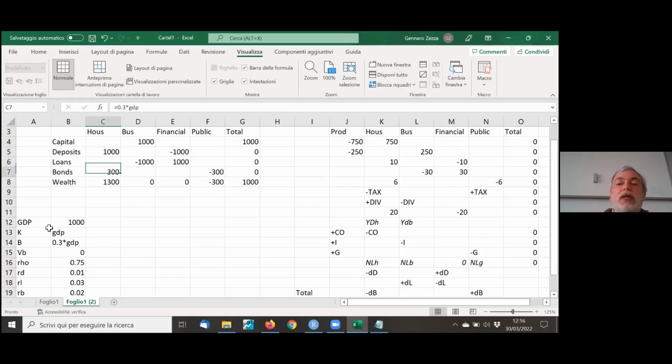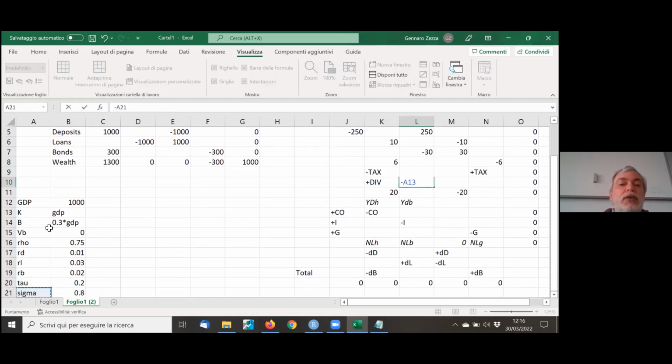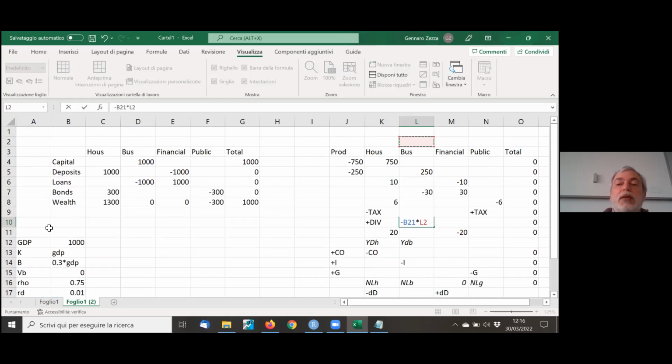So these dividends will be minus the sigma times the profits less the interest payments. I need to have a bracket here. And these are earned by the households.